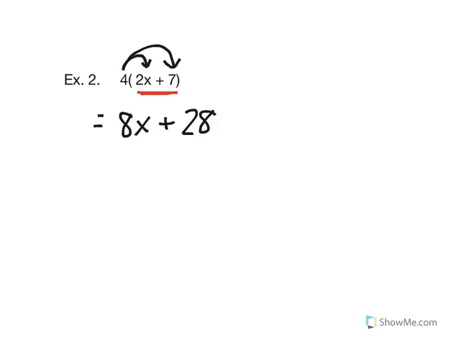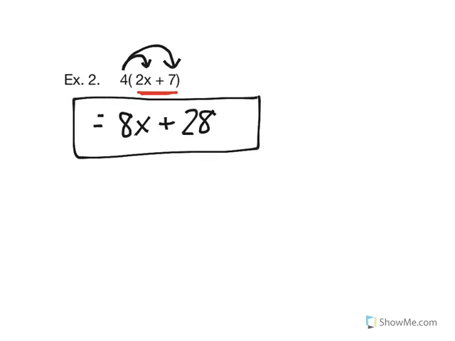In our final simplification, we still have an x and a number that can't add. That's okay, but we have done that distribution of the 4. Again, this may not look like a nice answer, and in fact, it's not an answer. It's just rewriting the first term in a different way.